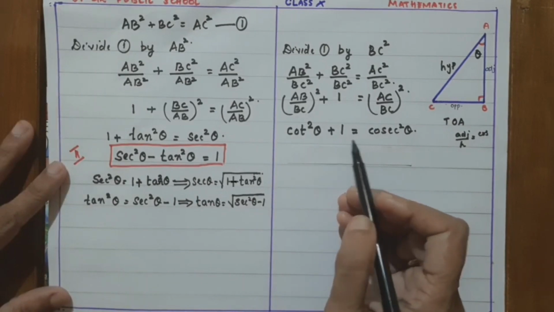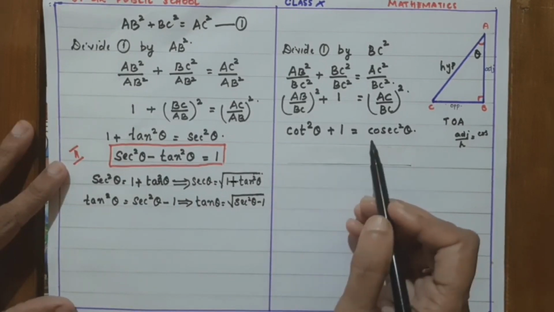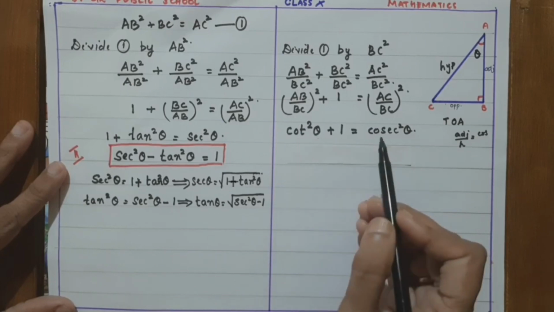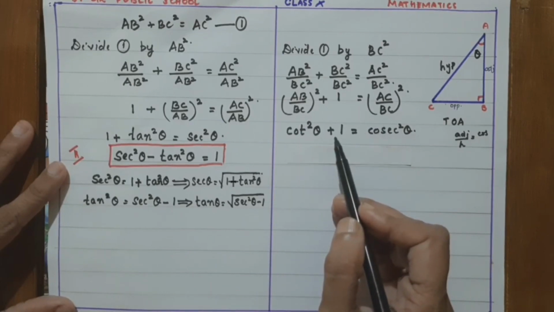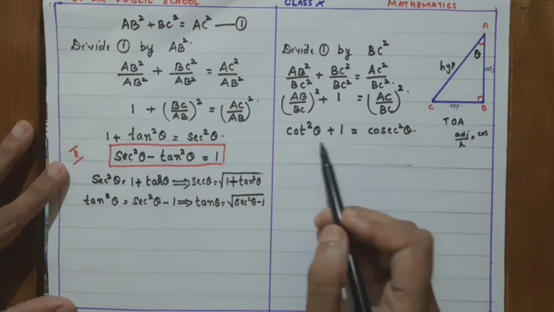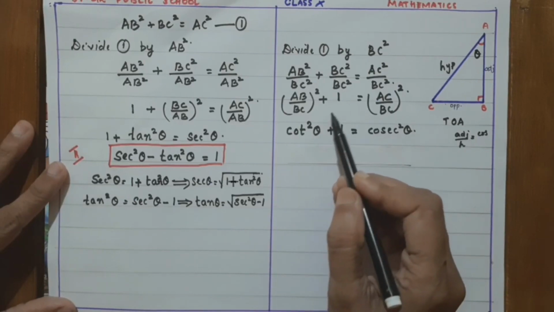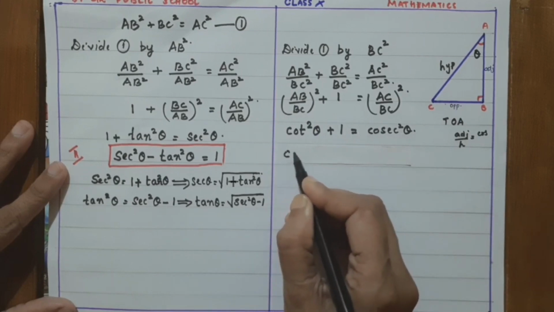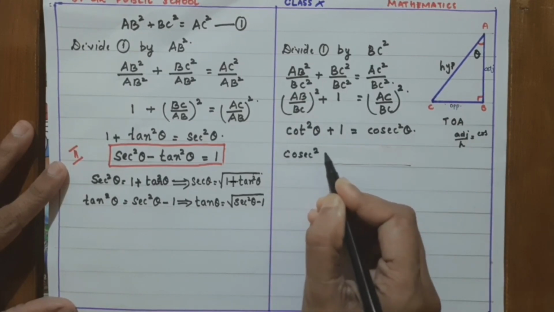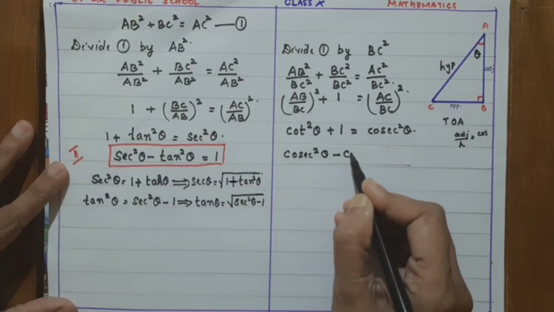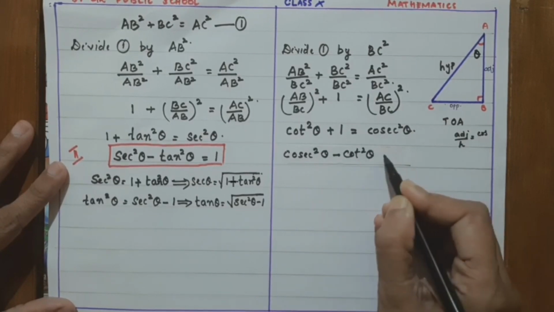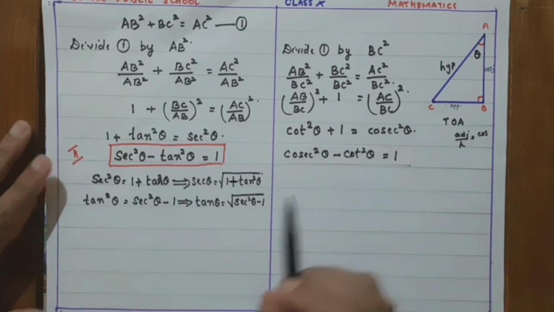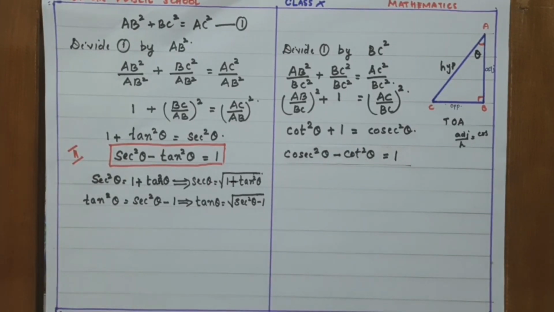From this we can write cot square theta minus cosec square theta is minus 1. So we can take this cot square theta to the other side. What will we get? Cosec square theta minus cot square theta equal to 1. So this is the third identity.